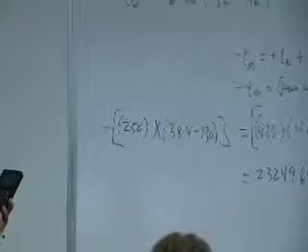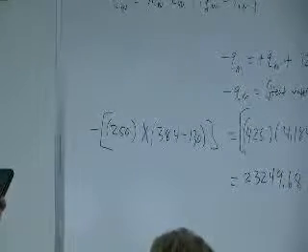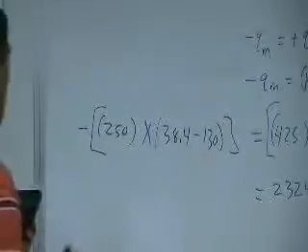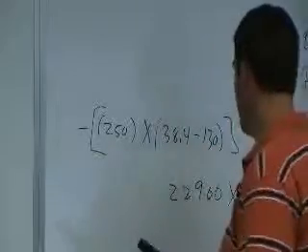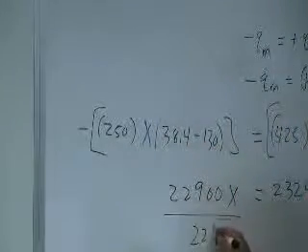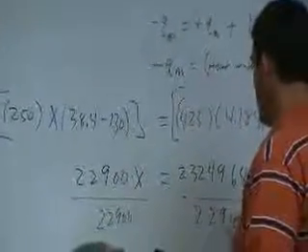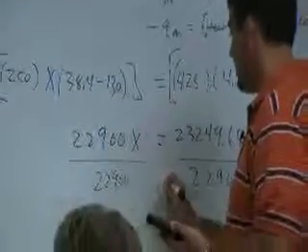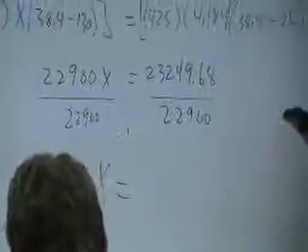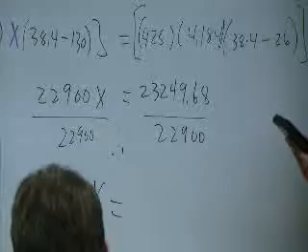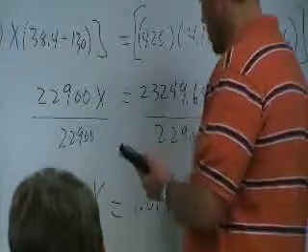Now, negative 250 times the quantity of 38.4 minus 130 equals what? 22900x. Divide by 22900. That means x equals 1.015.